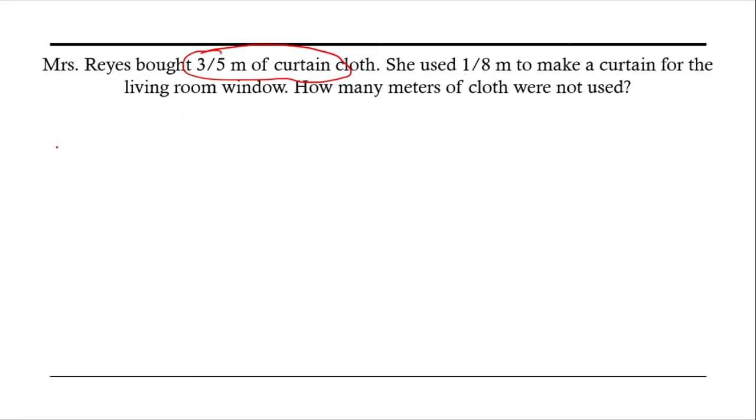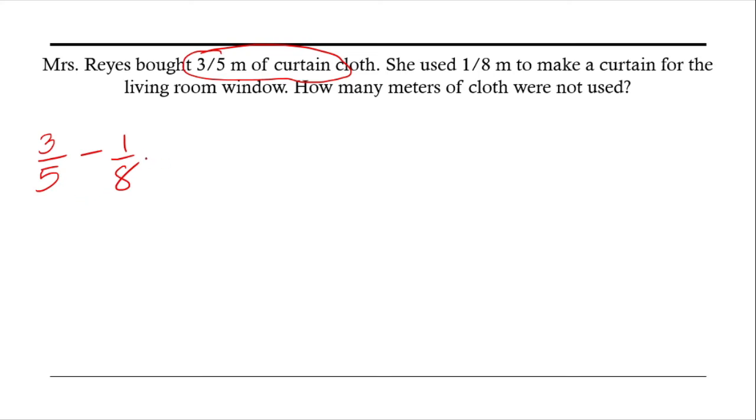So una, 3/5 meter. Wag muna nating intindihin yung unit na meter. So 3/5 minus 1/8. Kapag ganyan, magkaiba sila ng denominator, hindi natin siya pwedeng i-subtract or i-add.